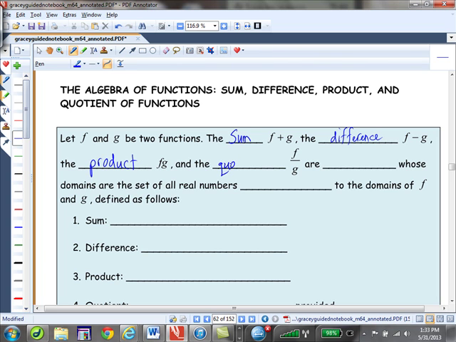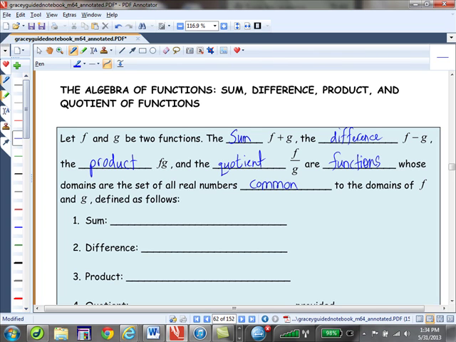And the quotient, f divided by g, are functions whose domains are the set of all real numbers common, so overlapping domains of f and g, defined as follows.